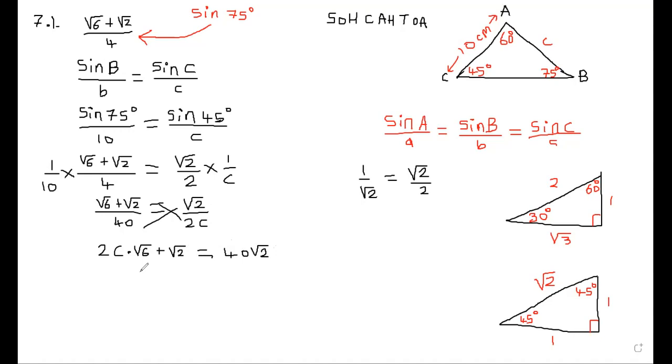Now we want to solve for c. So we have to divide by 2 multiplied into root 6 plus root 2, because this 2 is multiplying into the c, and it's also multiplying here.